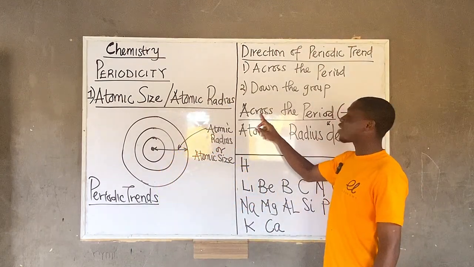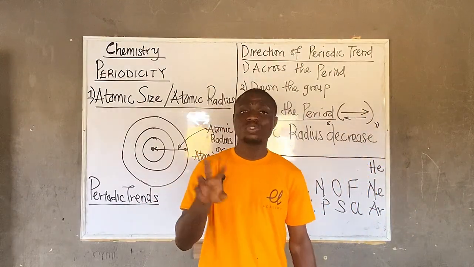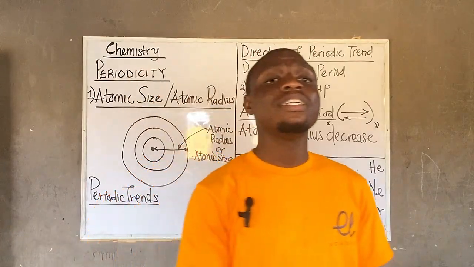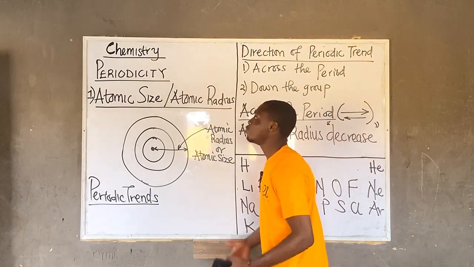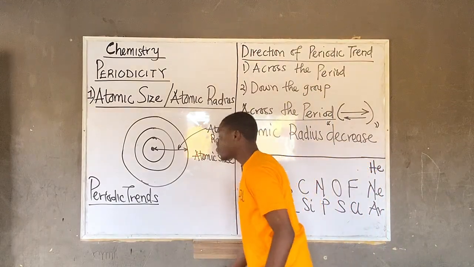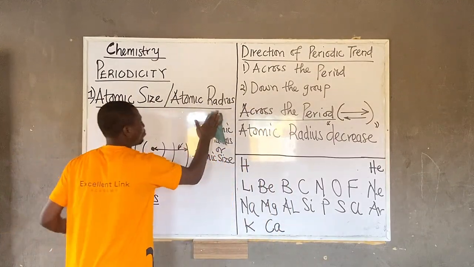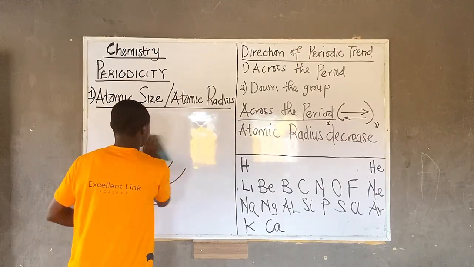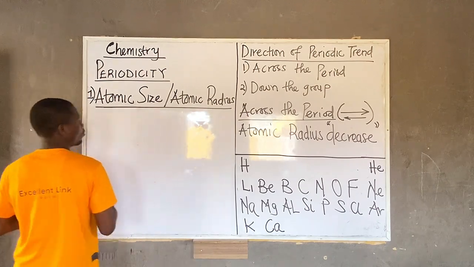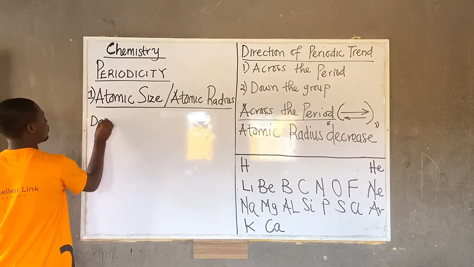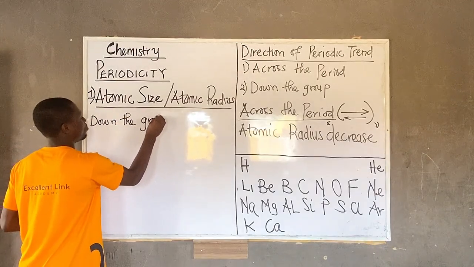What I just did, across the period, is under periodic trends, which has two things: across the period and down the group. So let's look at down the group.